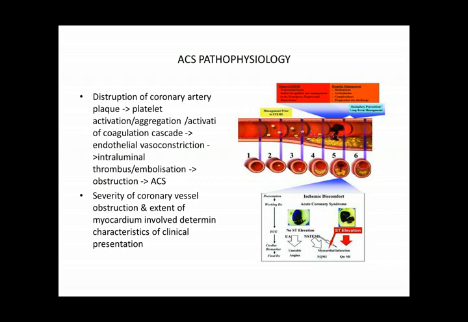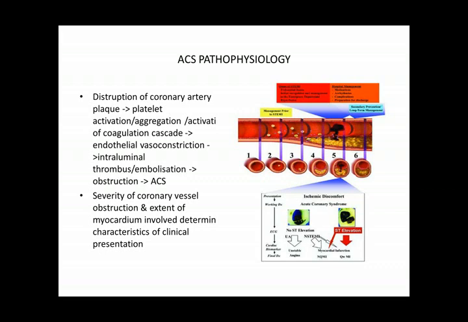If there is 70% blockage, angina occurs on effort, or at slight exercise. If it is 90% blockage, the blood is insufficient to supply the heart, if there is no other way to supply.